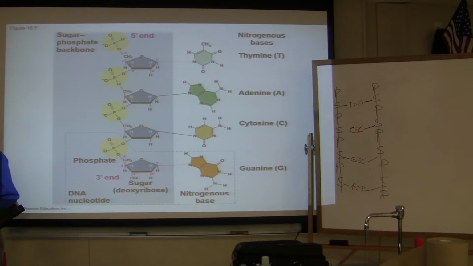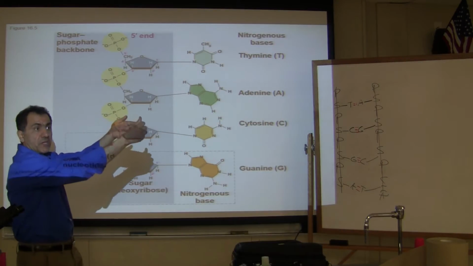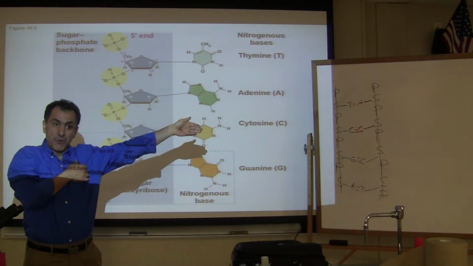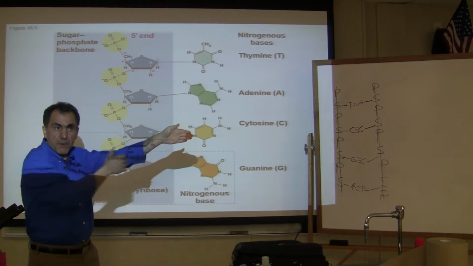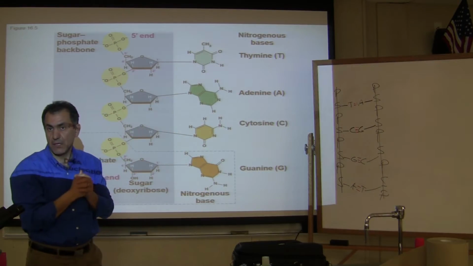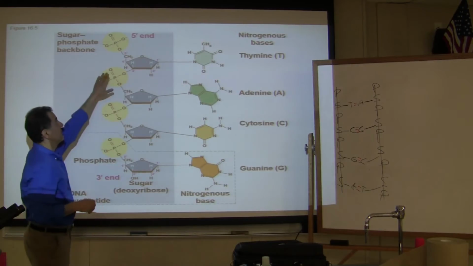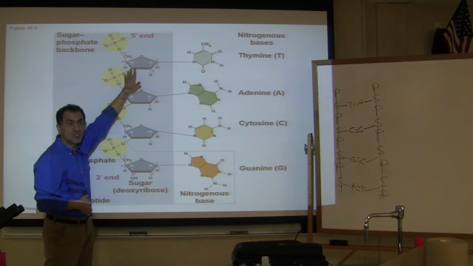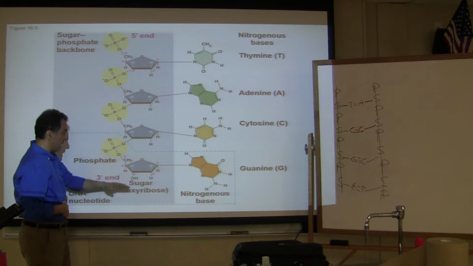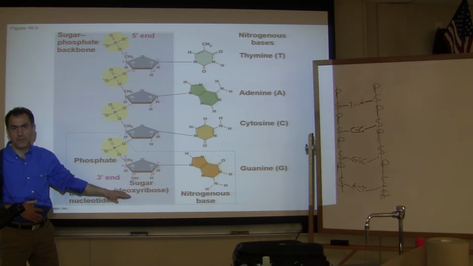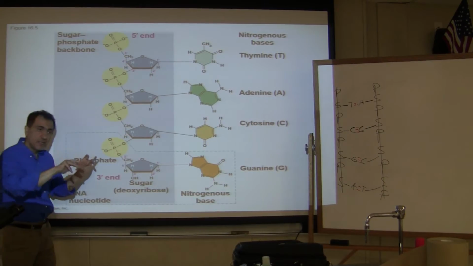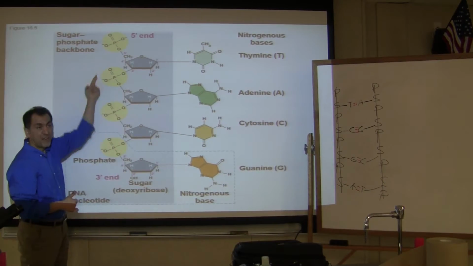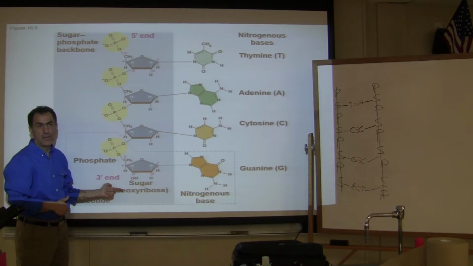Do you remember protein molecules? I said one end of a protein molecule is always acid, the other end is the amine. Same as DNA. One end of DNA is always 5 prime, it starts at 5 prime and ends at 3 prime. And when new DNA is being built up, it's built from the 5 prime to the 3 prime end.